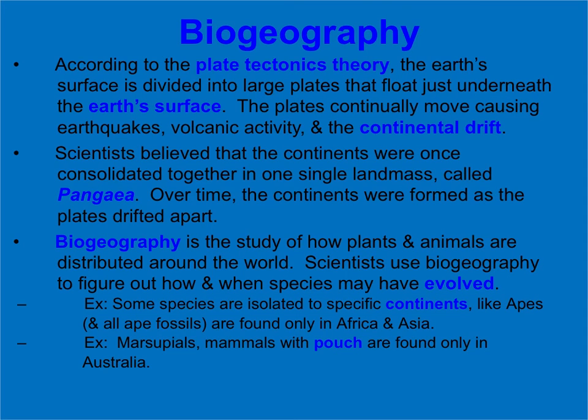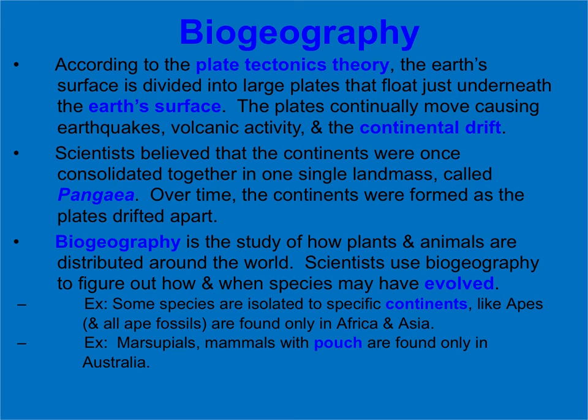So biogeography is the study of how living things, plants and animals, are distributed all over the world. And they use biogeography to decide how and when species evolved. They've noticed that some species are only on certain continents.